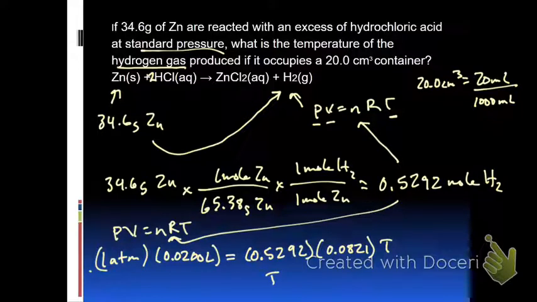So our temperature would be very low, 0.46 Kelvin. Okay. And you could subtract 273. It'd be very close to absolute 0, right? Okay. Hopefully that helps.